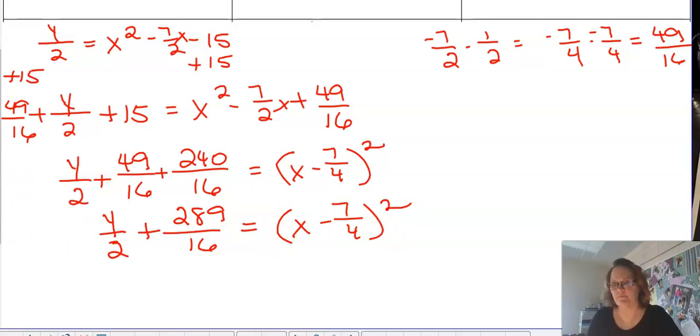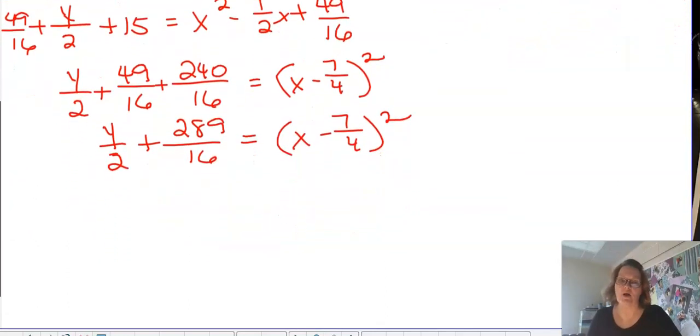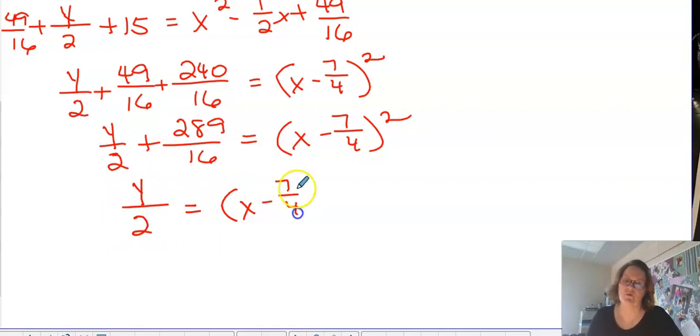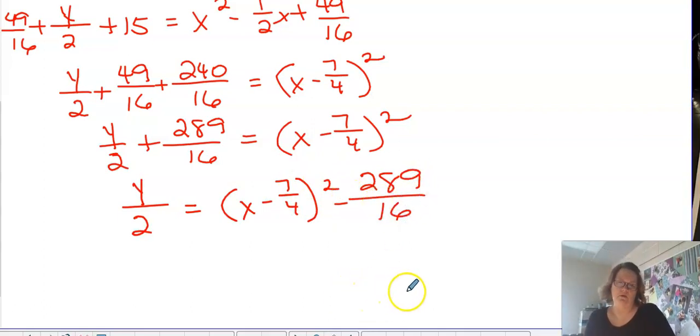that thing. Now I need to solve for y to get the y by itself again. So I'm going to subtract this. Y over 2 equals x minus 7/4 quantity squared minus 289/16. Oh, I got to multiply that times 2. Okay. So now, still solving for y, I need to multiply times 2 on both sides.